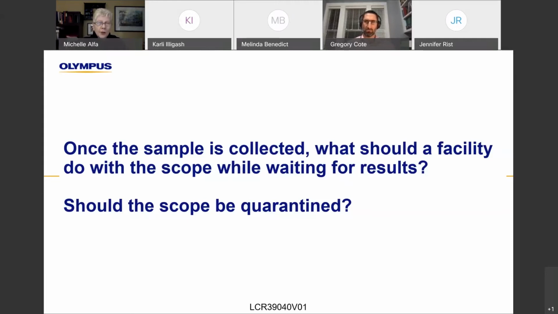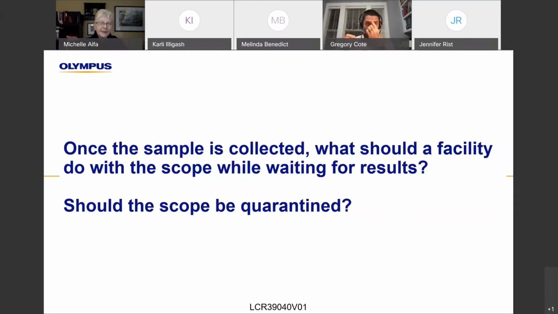The other alternative is making sure that you have sufficient inventory of duodenoscopes to allow you to actually quarantine your scope during the time frame in which a scope is being cultured. And that might require 1 or 2 additional scopes, depending on how many you have in your inventory and how many you plan on culturing at any given time.